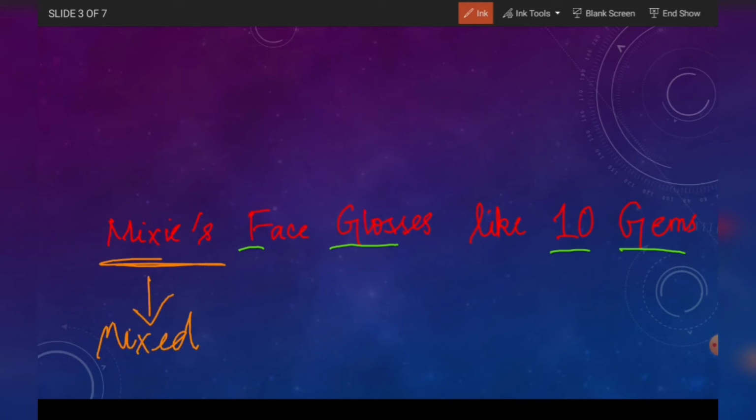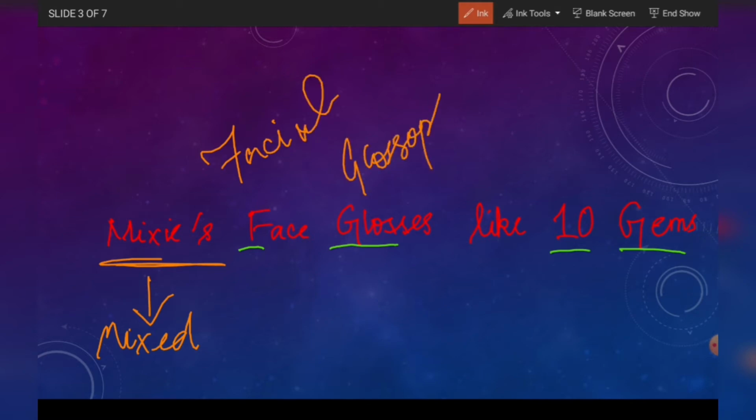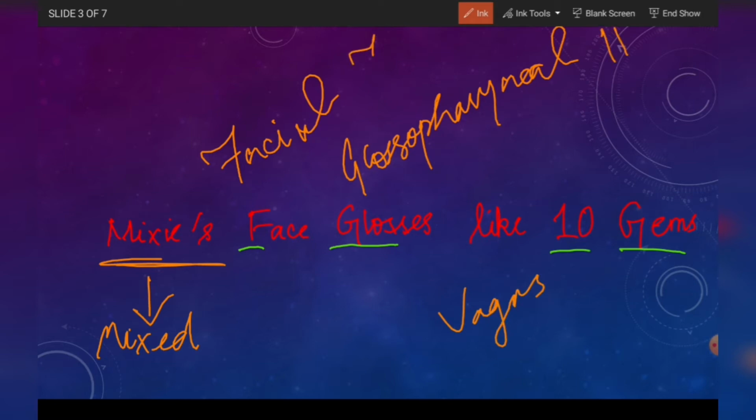Face is facial nerve, gloss is glossopharyngeal, like 10 is for vagus nerve, the 10th nerve. Facial is 7, glossopharyngeal is, sorry, 9th. Then gem reminds us of the 5th nerve, that is our trigeminal nerve.